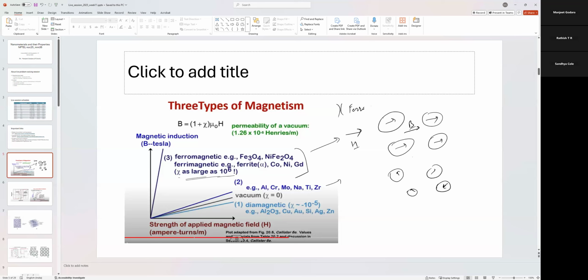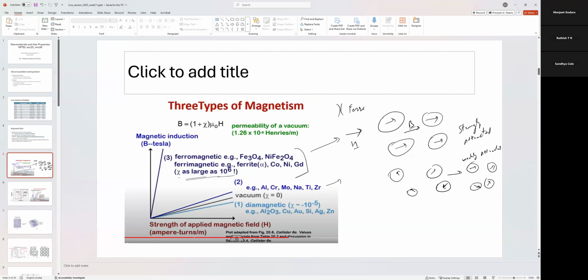Once you apply a magnetic field, some of them will orient more or less in the direction of the magnetic field. So this is strongly attracted. This is weakly attracted to the applied magnetic field.